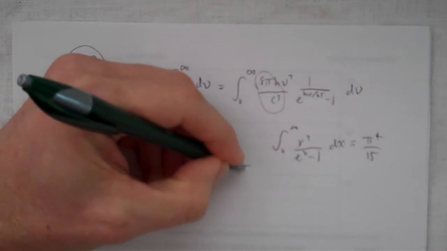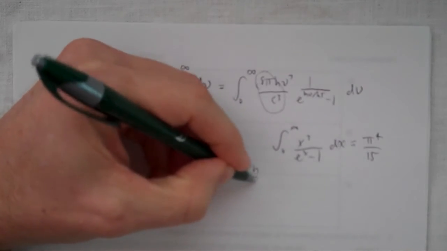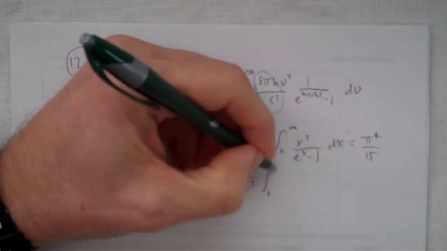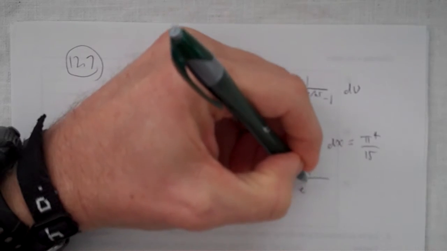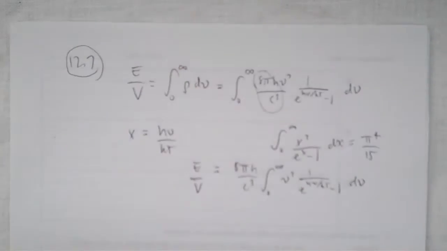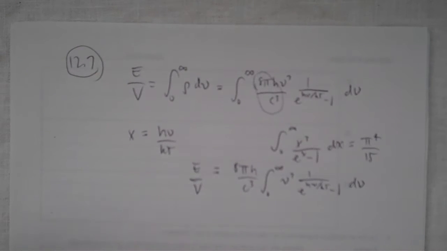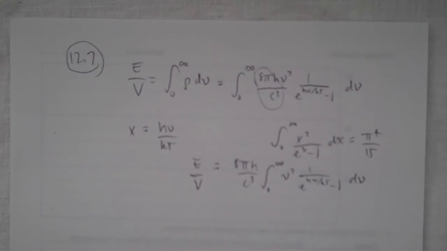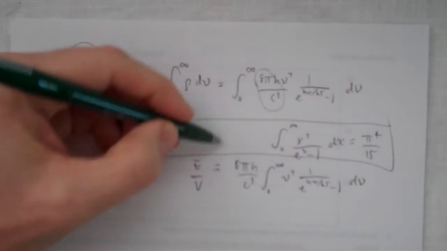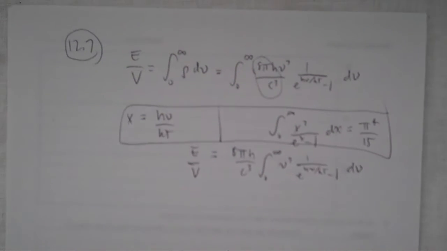This is the same thing as 8 pi h over c cubed times the integral from 0 to infinity of nu cubed, 1 over e to the h nu over kT minus 1, d nu. All I've done is change the form of that. I haven't done any math at all. But I'm getting ready to do some here, because I'm going to take these two major hints and see what to do with them.